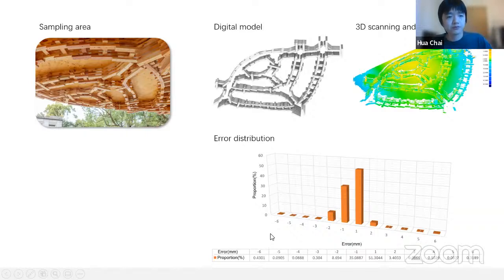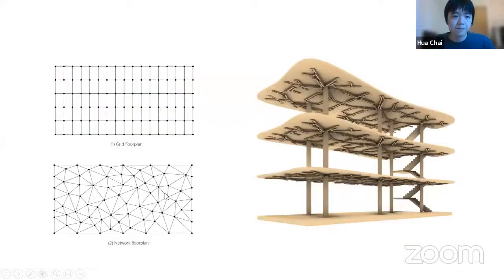This also proves that the robot could perform high precision construction on site, even taking into consideration the construction errors and the robot repositioning errors.